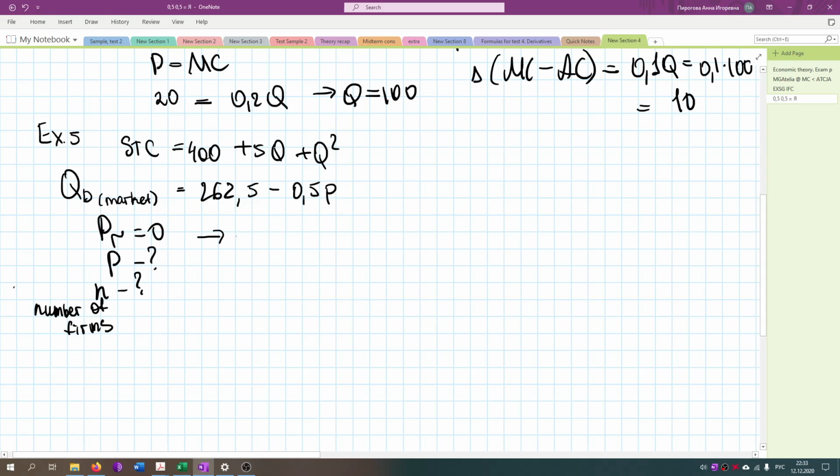As the profit is equal to 0, we assume that price is equal to average cost, because the profit is 0, and then the price is equal to marginal cost, because we consider this case as a pure competition because there are several firms, and quantity supplied in the market will be number of firms multiplied by our quantity supplied function.